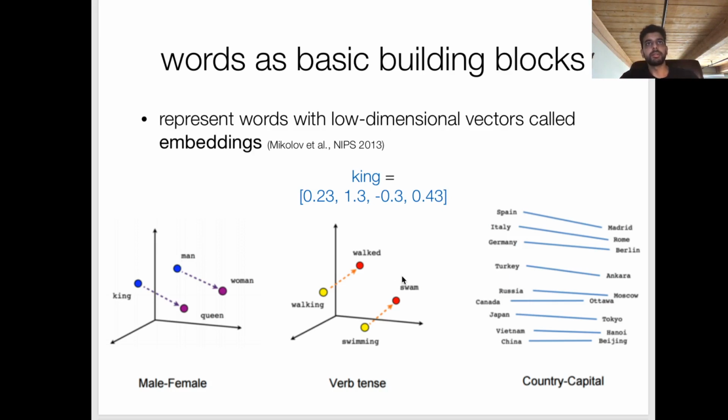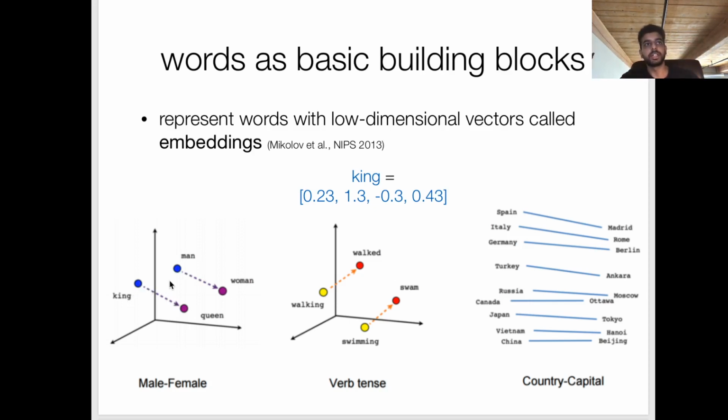And these are some examples from the original Word2vec paper, which essentially introduced this concept in a predict-based learning framework, where we see that words that are semantically similar, so king and queen, man and woman, are also close to each other in this vector space, and they share certain directions in this vector space, right?